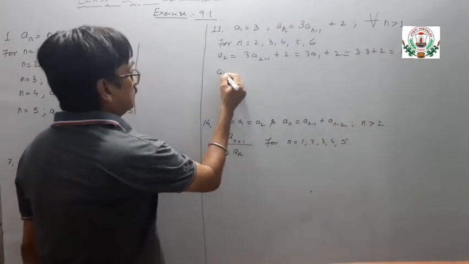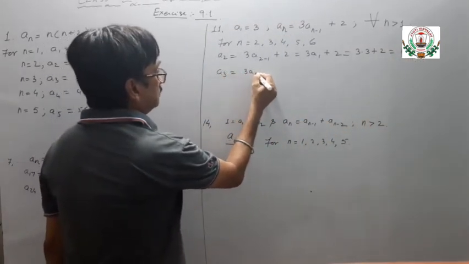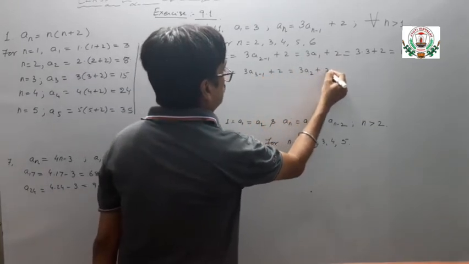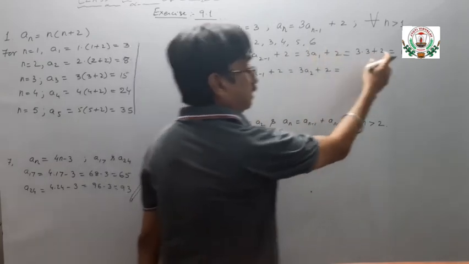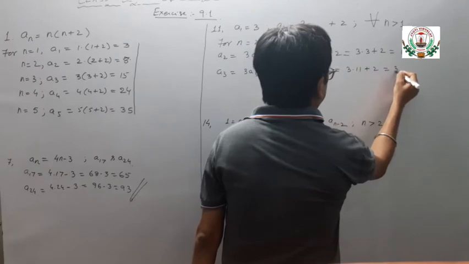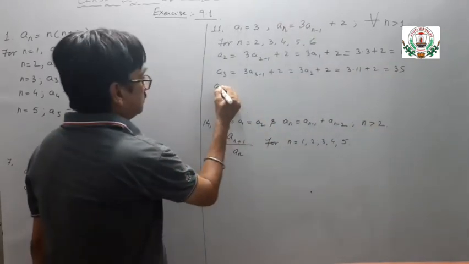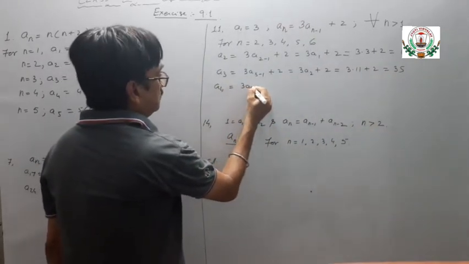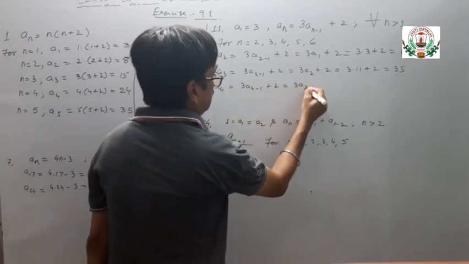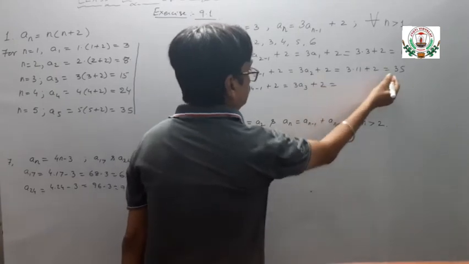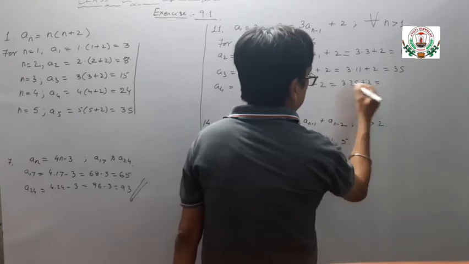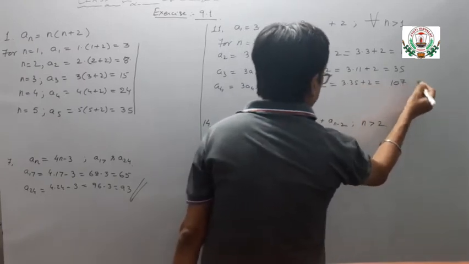In the same way a3, 3a_(3 minus 1) plus 2, 3a2 plus 2 और a2 अभी हमने कैलकुलेट किया है 11, तो ये हो जाएगा 3 into 11 plus 2, that is 33 plus 2, 35. इसके बाद हमें कैलकुलेट करना a4, 3a_(4 minus 1) plus 2, 3a3 plus 2 और 35 है a3, 3 into 35 plus 2, 105 plus 2, 107.